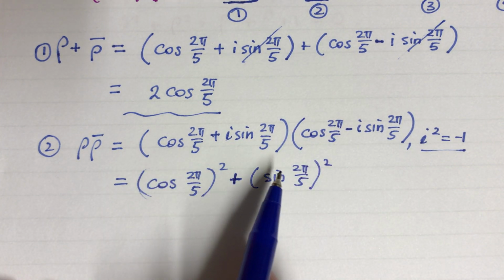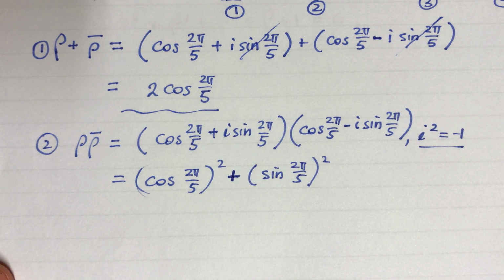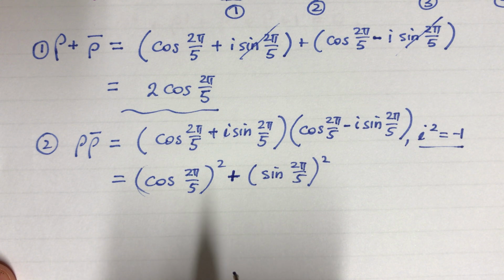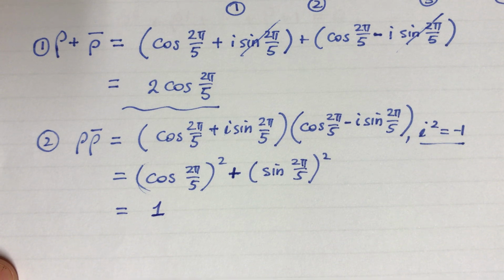Now this is the first trig identity, cos squared theta plus sine squared theta equals 1, so that becomes just 1. Okay, just remember that.